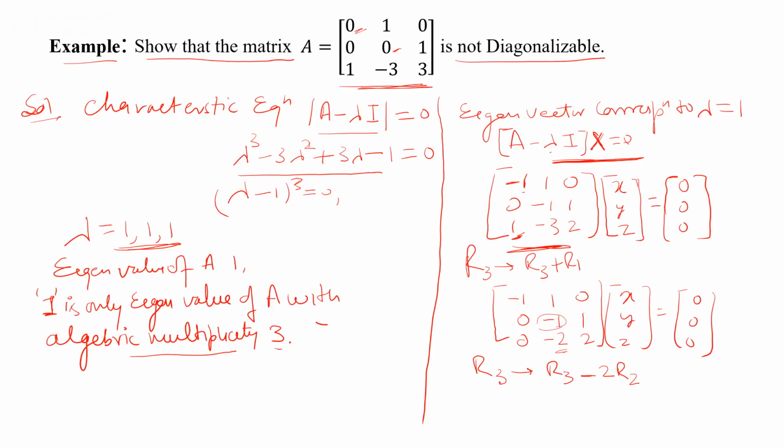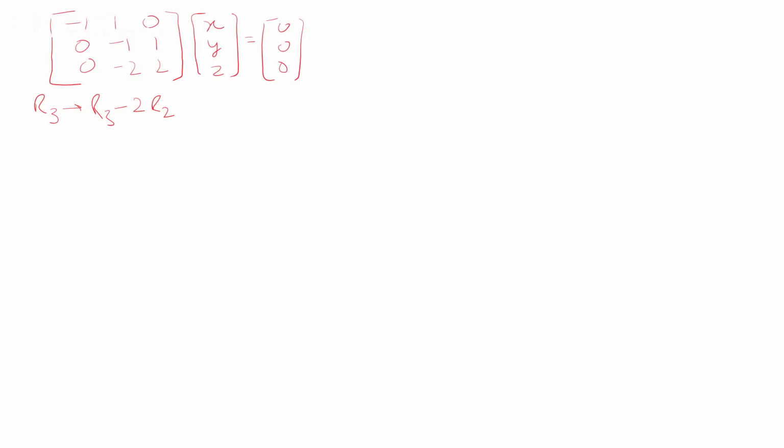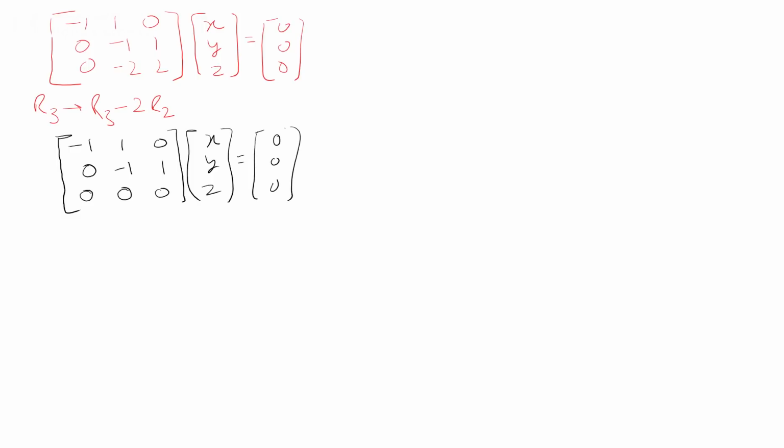Then we get minus 1, 1, 0; 0, minus 1, 1; and 0, 0, 0, times x, y, z equal to 0. Now at this stage it is converted into echelon form. We can say the rank of that coefficient matrix is 2.